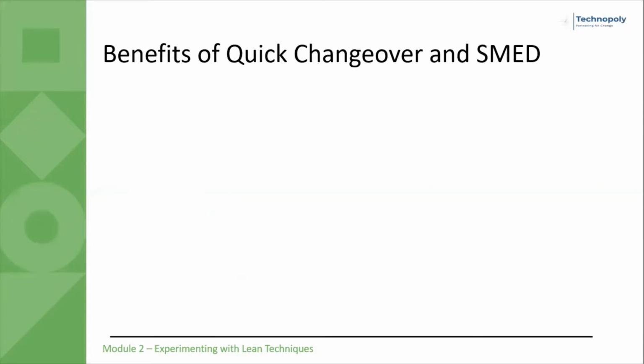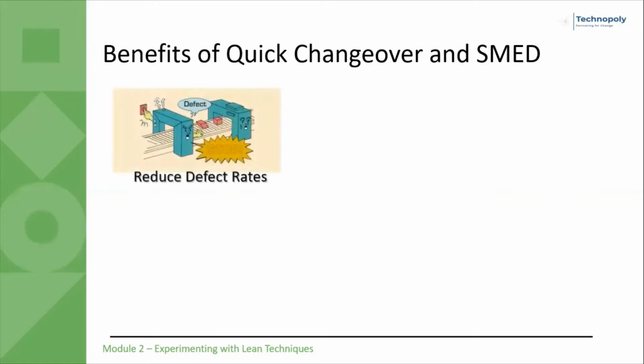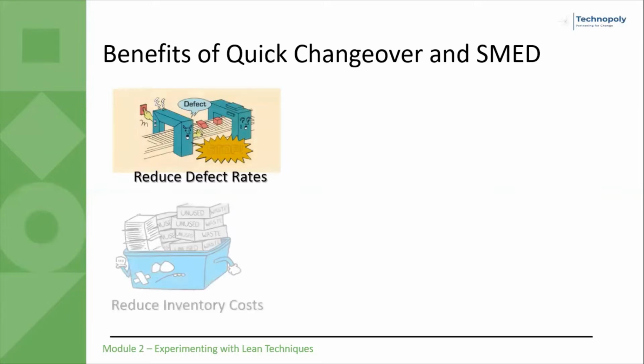So why would we want to have a quick changeover? It would be to reduce defect rates. Quick changeover reduces adjustments as part of the setup and promotes quality on the first piece. It will also reduce inventory costs.